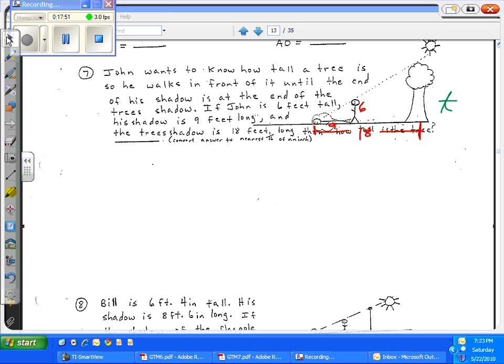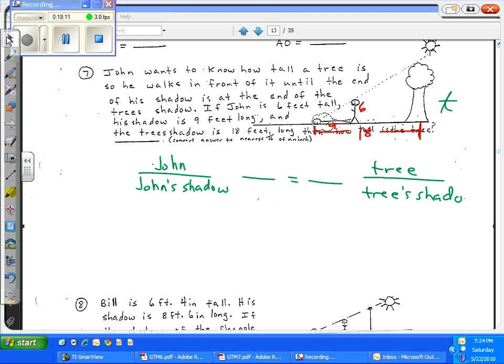As long as you do the same thing twice, you see. So I'm just going to put John over John's shadow is equal to tree over tree shadow. So John 6 over John's shadow 9 is equal to tree, we don't know, over tree shadow 18.